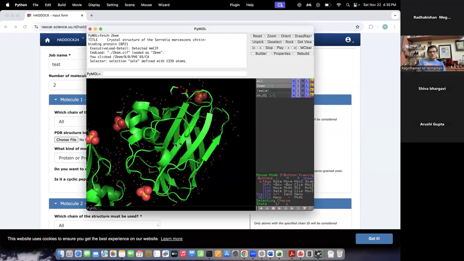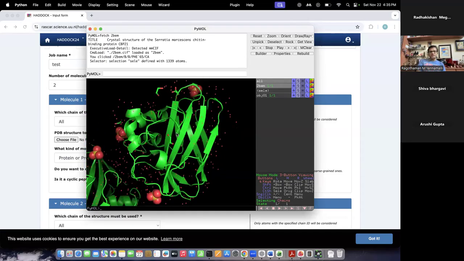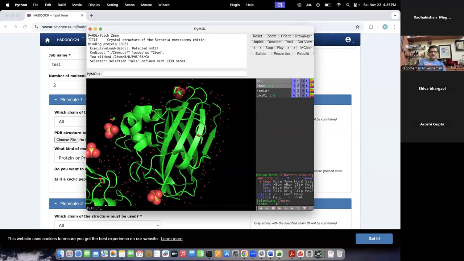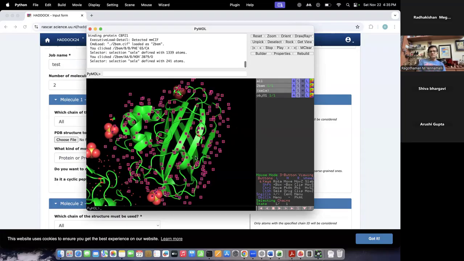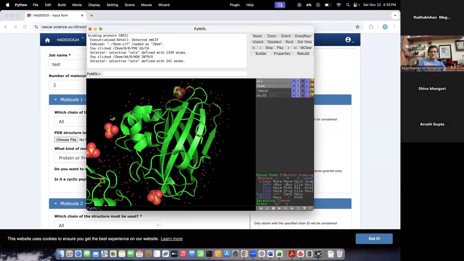Now, what you see when you load a protein molecule is the protein along with these small mosquito-like or fly-like things, small dots. Those are all water molecules because it's crystal water. These are not biological water, not the water molecules present in the cell.